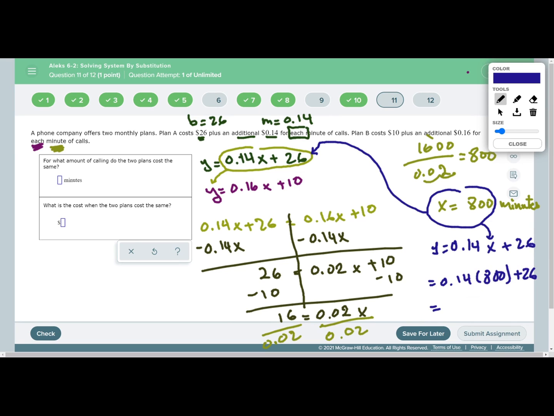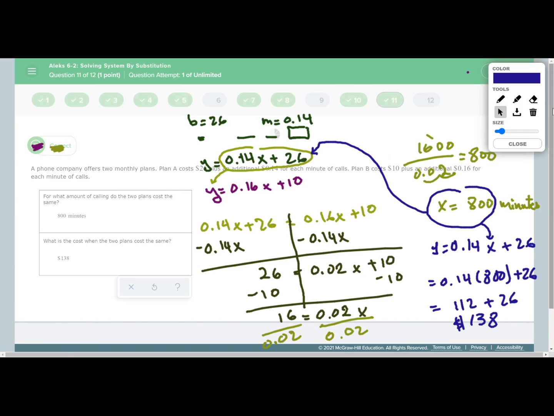That will be 112 plus 26. That will be 138. $138. All right, so this is 800 minutes, and this will be $138. Check.